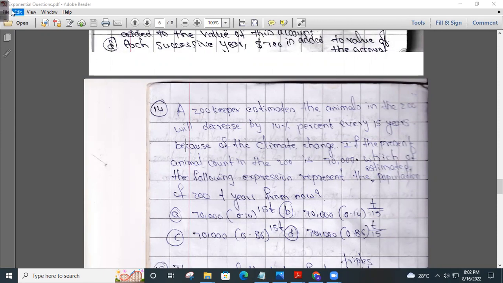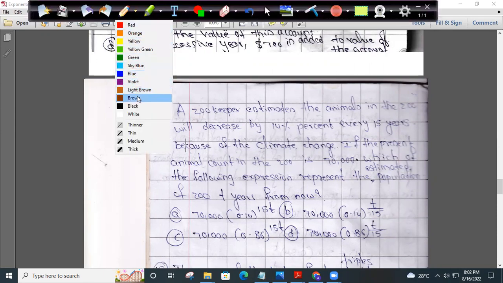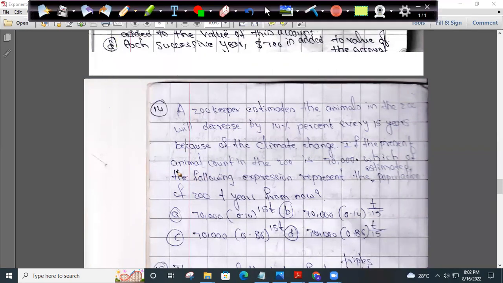A zookeeper estimates that the animals in the zoo will decrease by 14% for every 15 years. If the present animal count is 70,000, which expression estimates the population? When t equals 0, the population should be 70,000.